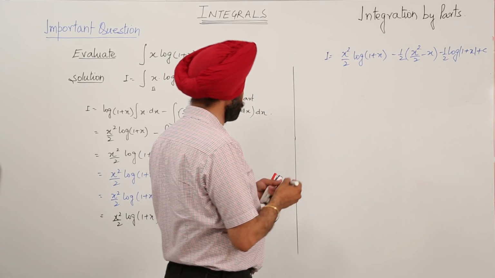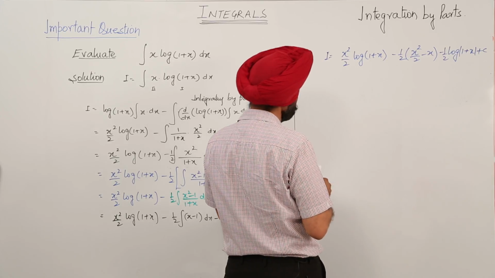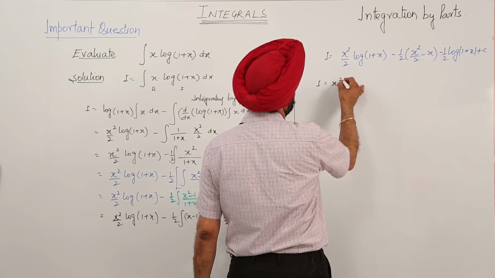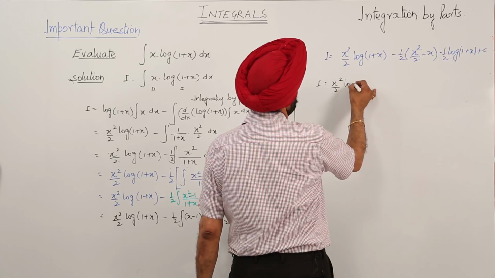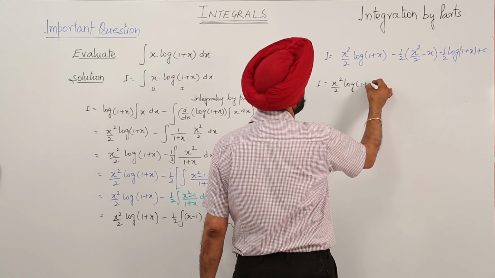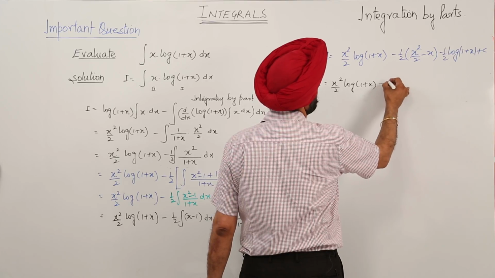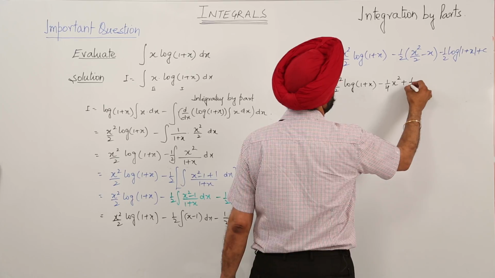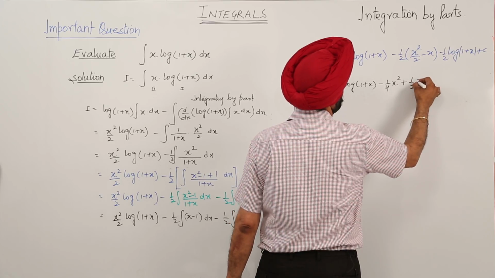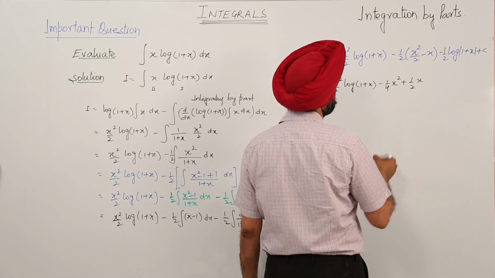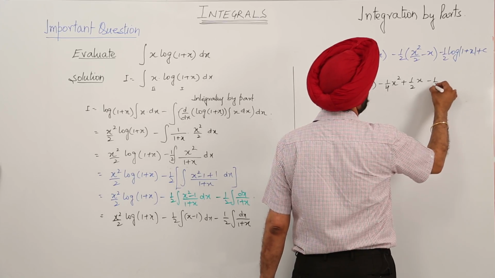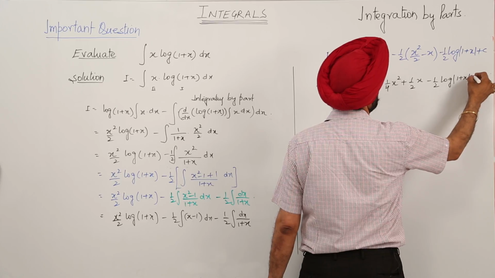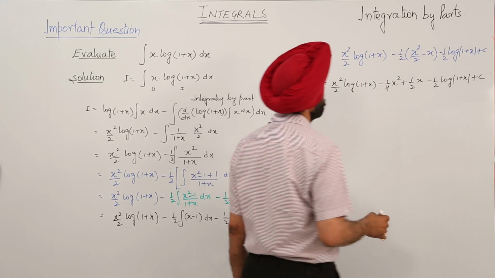Now the final answer becomes x square upon 2 log(1 + x) minus 1 upon 4 x square plus 1 upon 2 x minus 1 upon 2 log(1 + x) plus c.